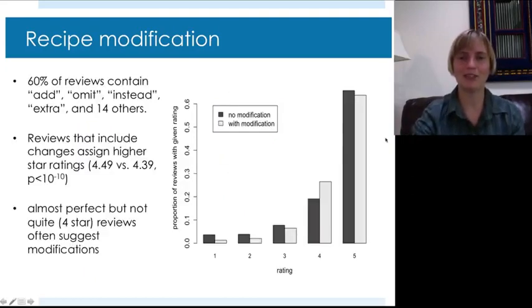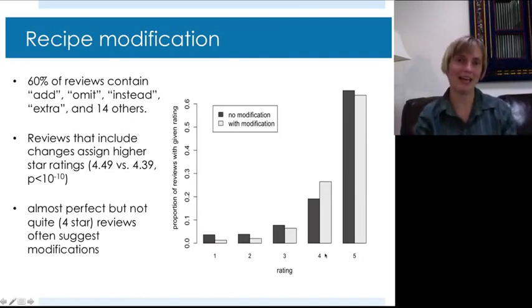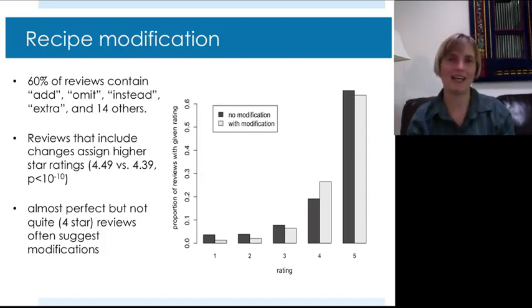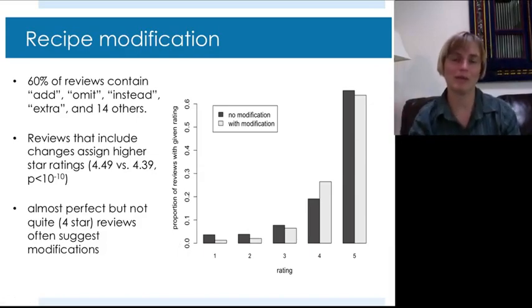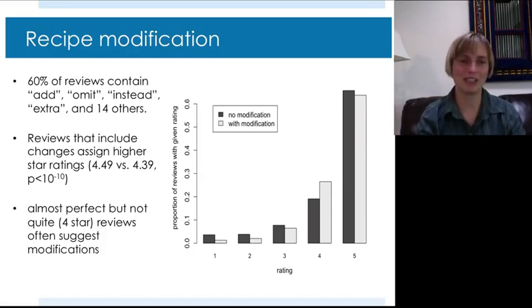An interesting thing is that right around a rating of 4 out of 5, which means the person likes it, you see the most suggested modifications. This was good, but I would add this, or I would subtract that, or more of this, or less of that. This is less common for those recipes that get a perfect 5-star rating, or ones that people don't like. If it's beyond repair, they don't really bother to suggest these modifications.